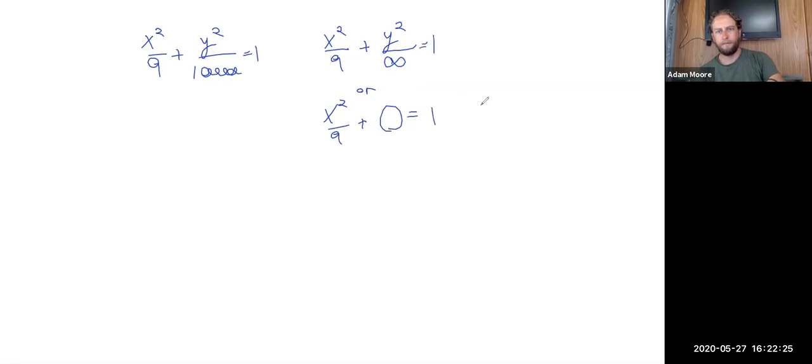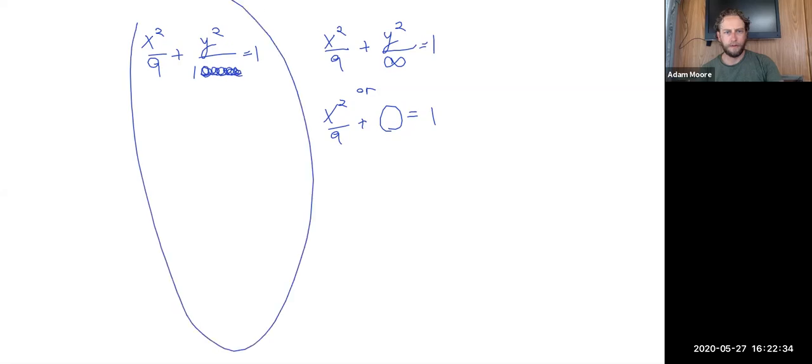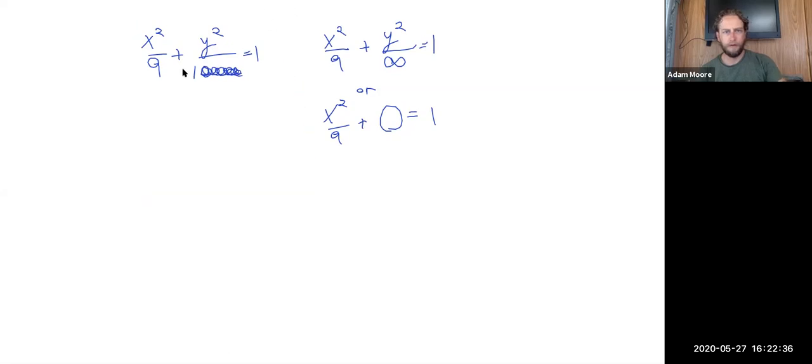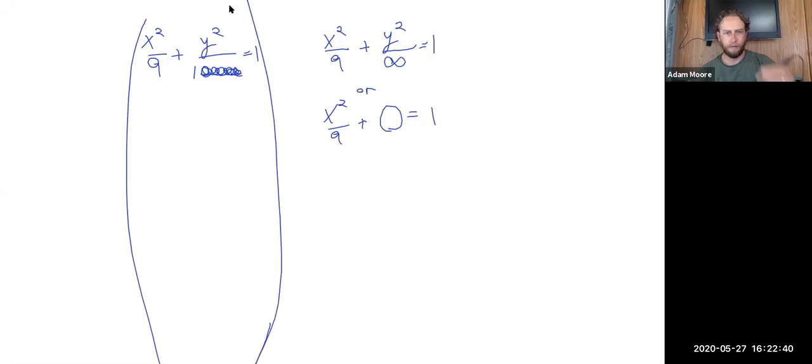We know what those look like so far. If I have 1 over a million, we have a giant ellipse, almost straight. And if we have y squared over infinity, that's exactly 0.